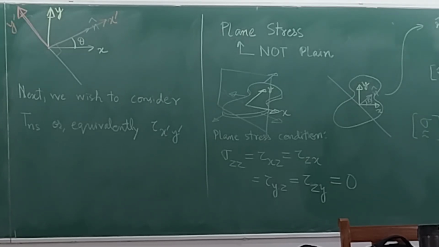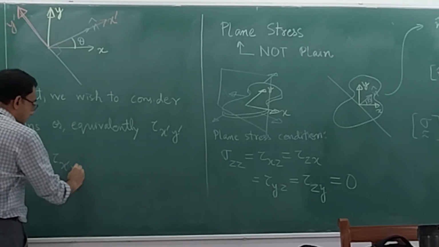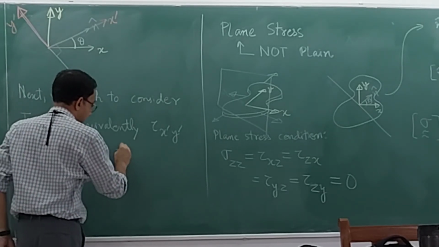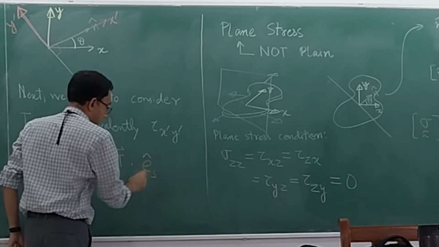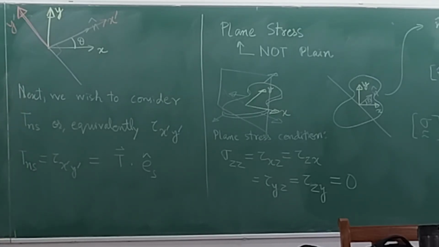The normal component comes from the component along the normal, so what will the shear component come out from? If you take the dot product of the traction vector with one unit vector which is lying along the shearing direction. So Tns equal to the tau x dash y dash will be nothing but the T vector dotted with this thing. This is the unit vector along the shearing direction.